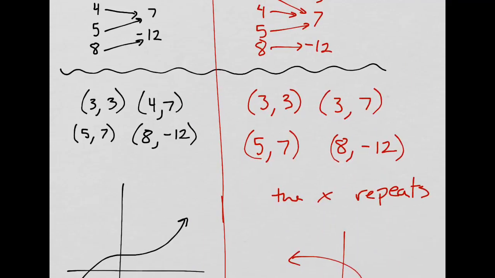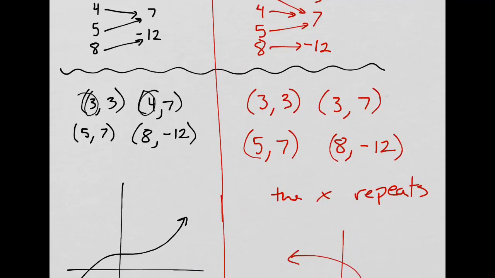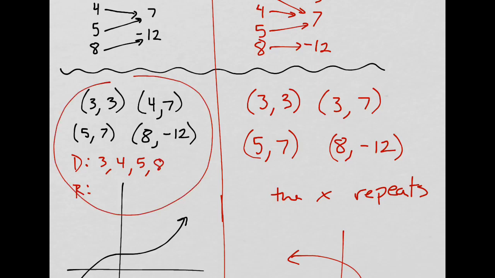Actually, let's see this. The domain is just the x values, right? So here, let me write down the domain. The domain would be 3, 4, 5, and 8. The range is just the y values, 3, 7, and negative 12. We don't need to write down 7 again.